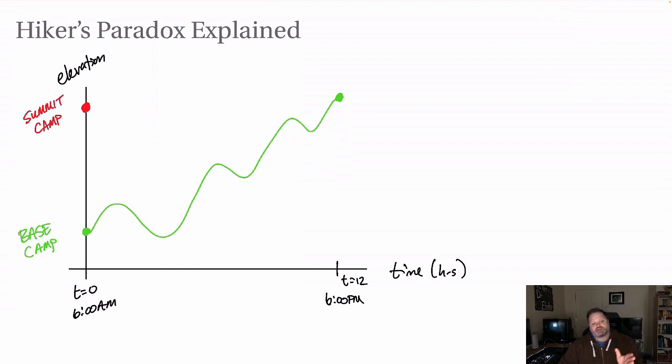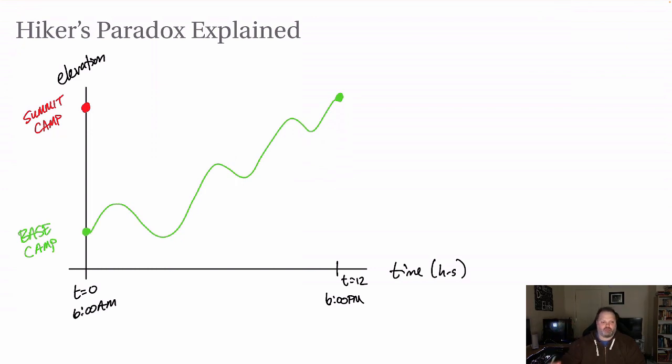Now, there's one thing I want to talk about with the graph that you drew. Your graph can look like anything. In fact, your trail could come up above the summit and then come back down to it, whatever. It has to be continuous. Why does your graph have to be continuous? Well, as you're walking along the trail, you cannot skip over any elevation values. Even if you were to fall off a cliff, you would hit every single elevation on the way down.